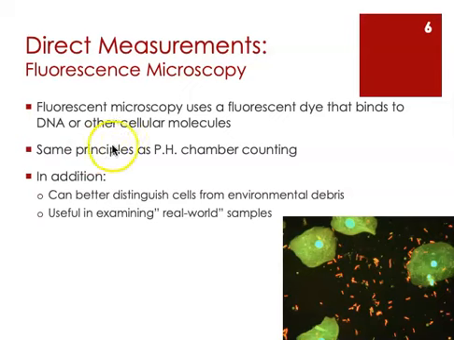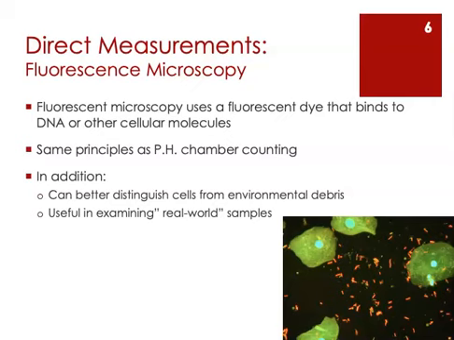The same principles apply when you're doing direct cell counting with a fluorescent microscope as with a light microscope, in that you're going to place your stained sample onto the PH chamber, onto this specialized microscope slide. You're going to look through the microscope, and you're going to use those grid lines in order to count a subset of the cells.